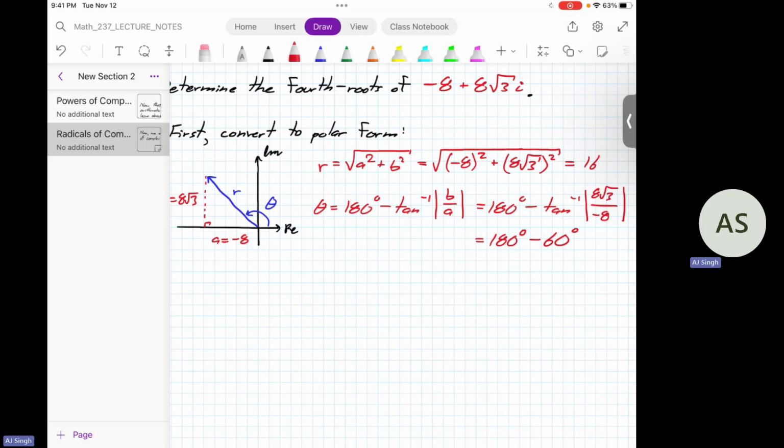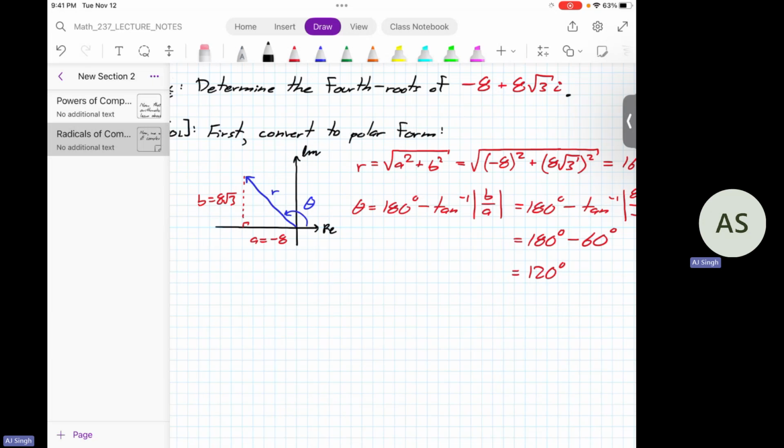That's the reason why it gives it to you exact. So 120. Step 1 done. But let's write down the result. So we have that our complex number is the same thing as 16 angle 120 degrees. That's step 1. And then step 2 is to do that de Moivre theorem stuff.